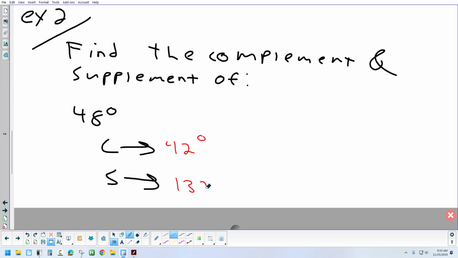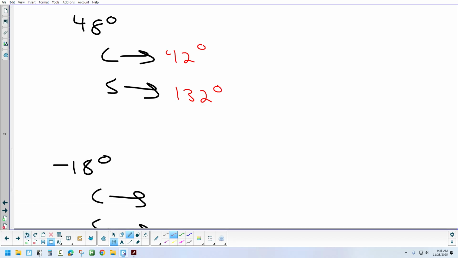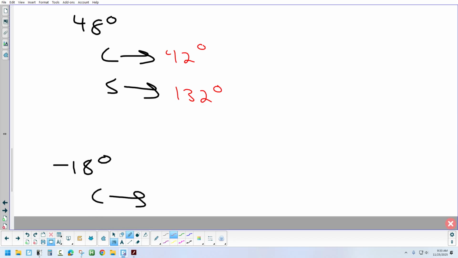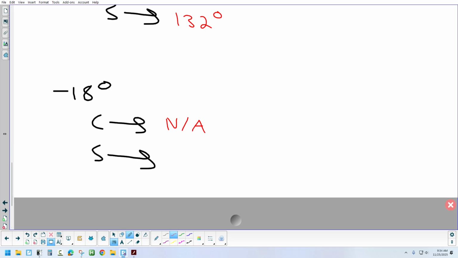Yep. Okay. How about negative 18? What's the complement of negative 18? There isn't any. So that doesn't even apply. There's no such thing as a complement. And the supplement of negative 18, well, same thing. Doesn't apply.